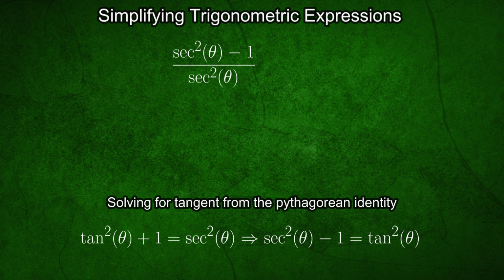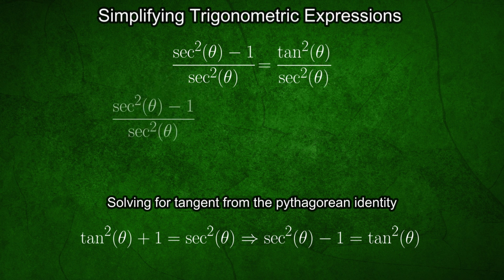Thus, if we solve for tangent squared of theta, we get that tangent squared of theta is equal to secant squared of theta minus 1, which is actually what we have in the numerator. Thus, this expression can be written as tangent squared of theta divided by secant squared of theta.